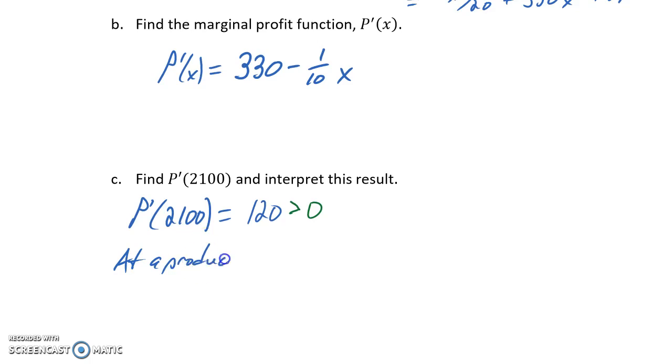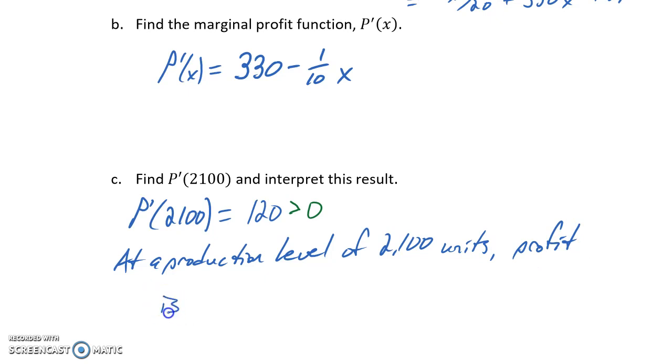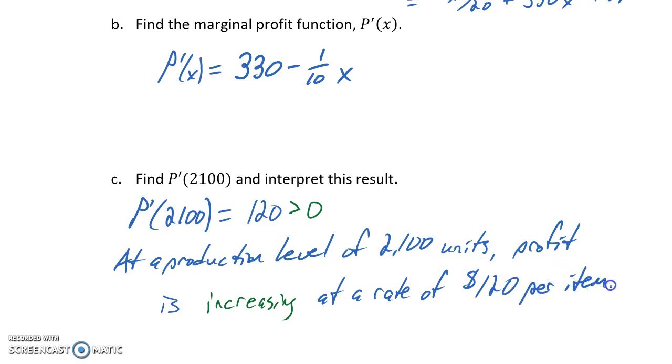So we could say that at a production level of 2100 units, our profit is increasing at a rate of $120 per item. So again, another way to say that would be if we increased our production by 1 unit, we would see an increase in profit of about $120.